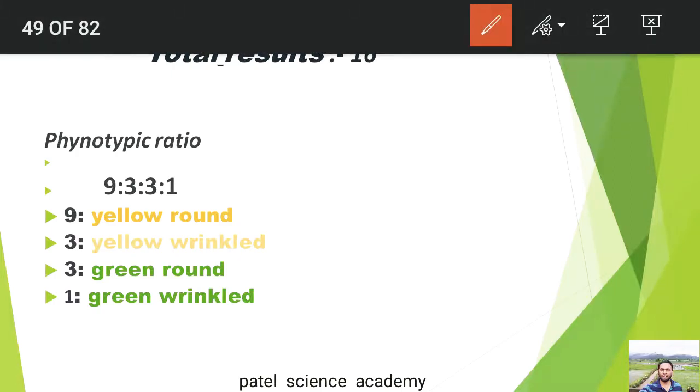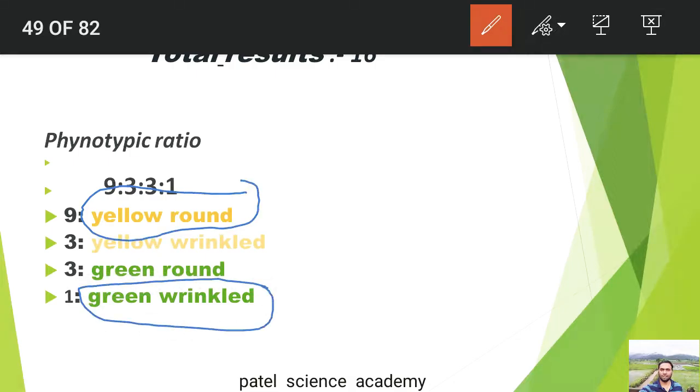Dear students, this yellow round and this green wrinkled, these were the two parents of the cross. But what about the yellow wrinkled and green round? Yellow color was with the round shape, green color was with the wrinkled shape, but we got here two new combinations, and it proves the law.